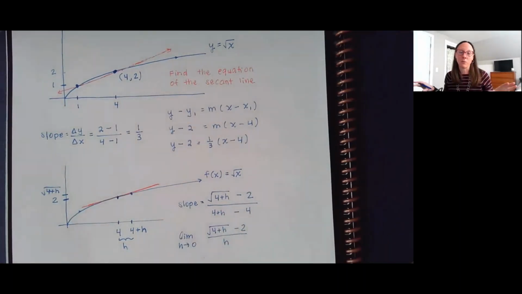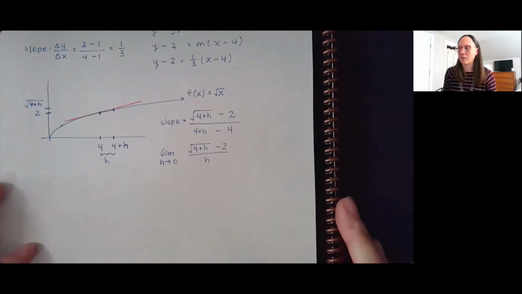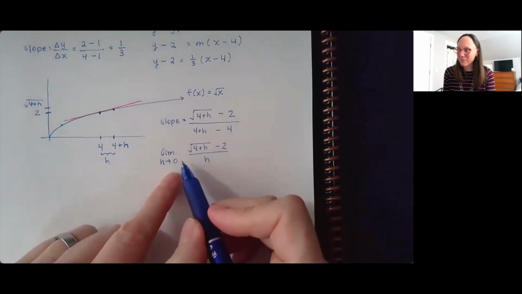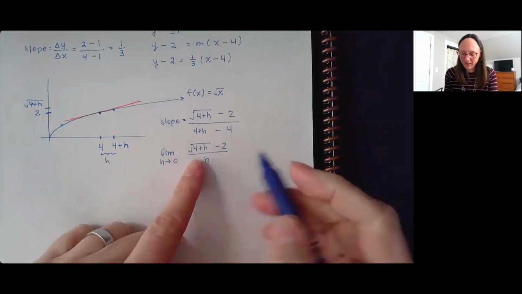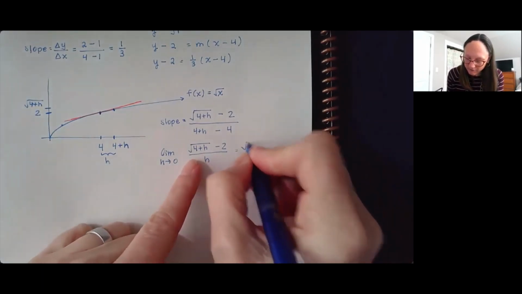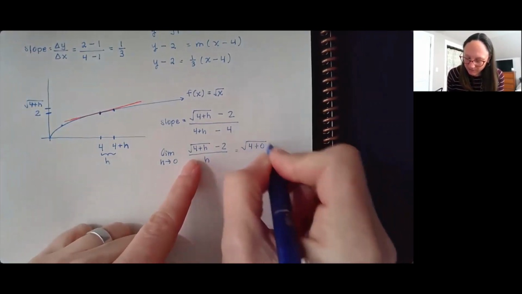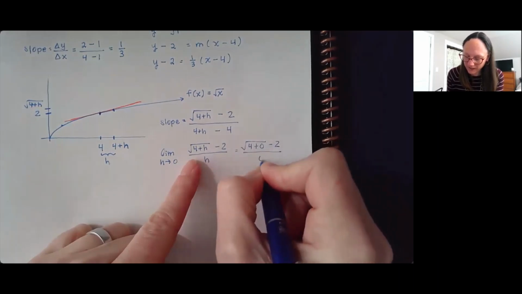Now, all of our same limit rules apply. First thing I'm going to try is to plug in the value. Well, when I plug in 0 for h, I'm going to need a little more space here. When I plug in 0 for h, on top, I'm going to end up with square root of 4 plus 0 minus 2. And on the bottom, I'm going to end up with 0.